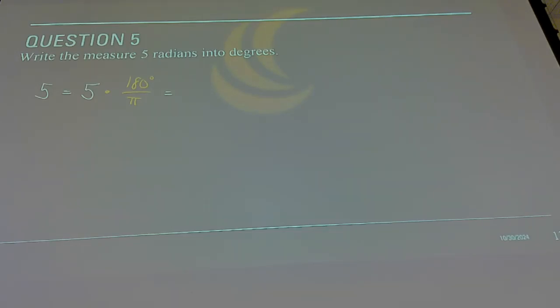Five times 180. 5 times 18, and then times 10 would be 900. 5 radians is 900 over pi degrees.